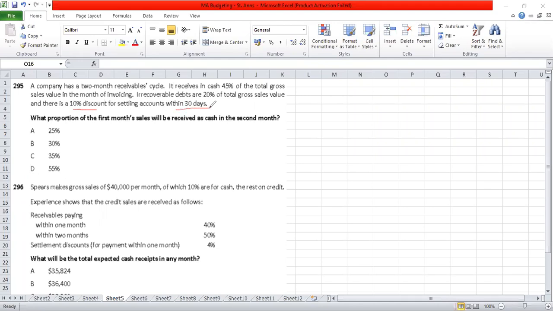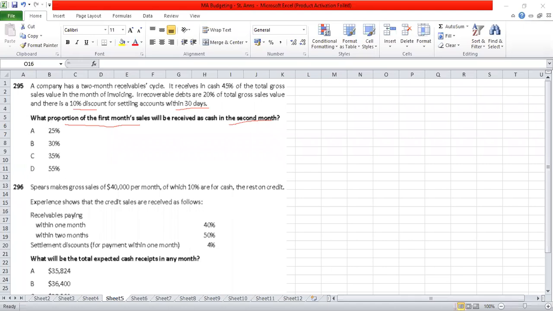What proportion of the first month's sales will be received as cash in the second month? So, percentage wise, we need to calculate. There is no amount of sales mentioned.